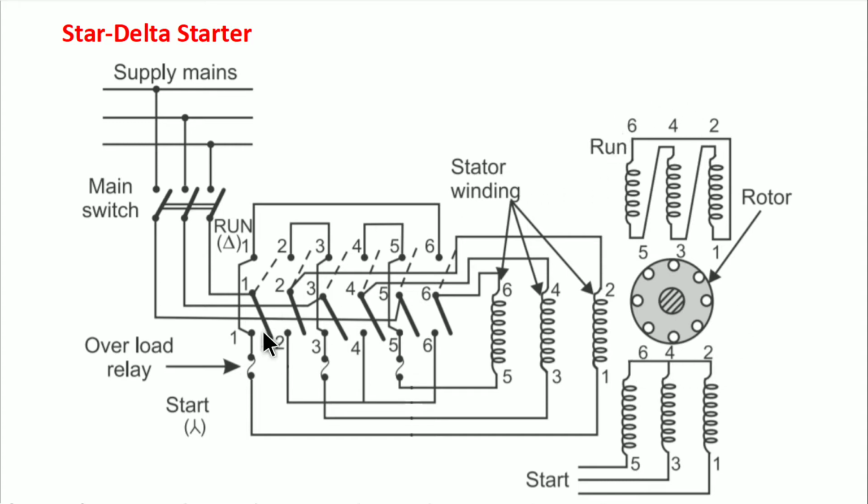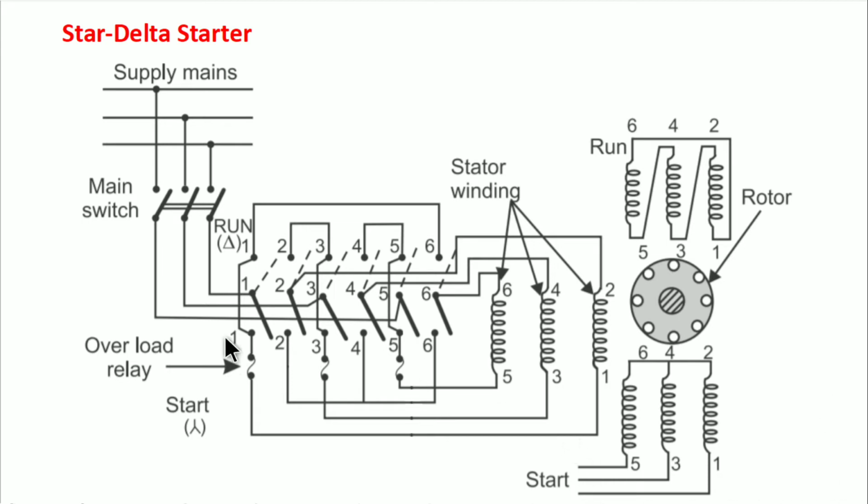And when this changeover switch is on the top position, that is under running conditions, the motor is connected to three phases, like the 5 and 4 terminals are connected to one phase, 2 and 3 terminals to another phase, 1 and 6 to the third phase. So the motor is connected in delta.